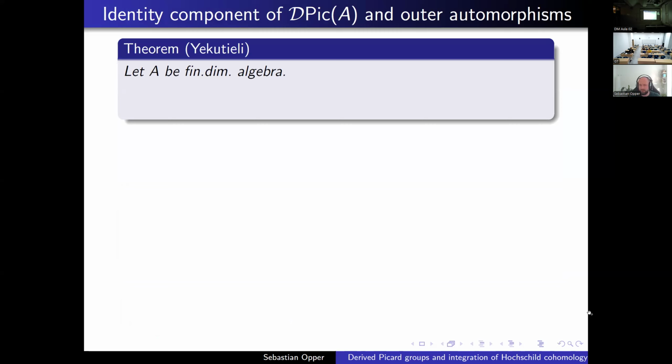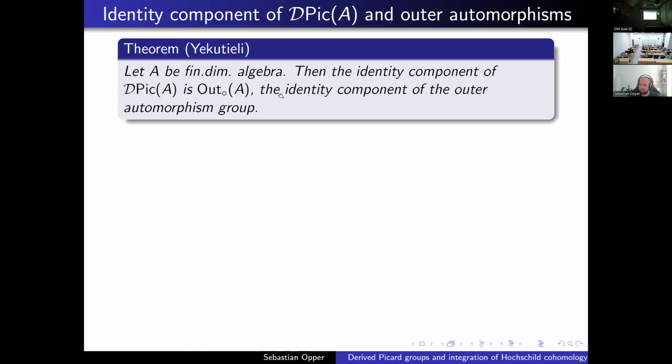So we compare this in the easiest case, when A is just a finite dimensional algebra with no grading, no differential. And the theorem of Fukaya says that the identity component, which in this case can be strictly defined in the sense of schemes, is the identity component of the automorphism group. So it's very familiar, and it just depends on A, there's no derived.